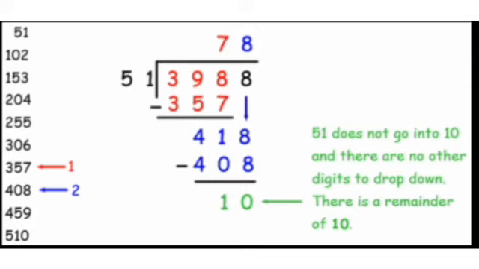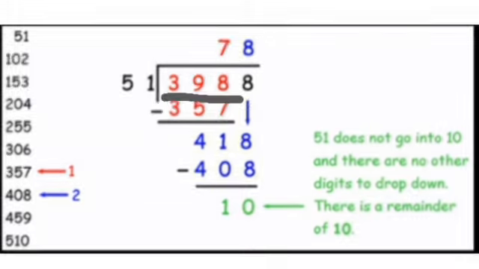You can see students, your divisor is a two-digit number like 51 and your dividend is a four-digit number like 3988. Students, in this example we take three numbers from the dividend like 398 because 398 is greater than 51. Students, you know, we do not take the first two numbers like 39 because 39 is smaller than 51, and in this case division is not possible.